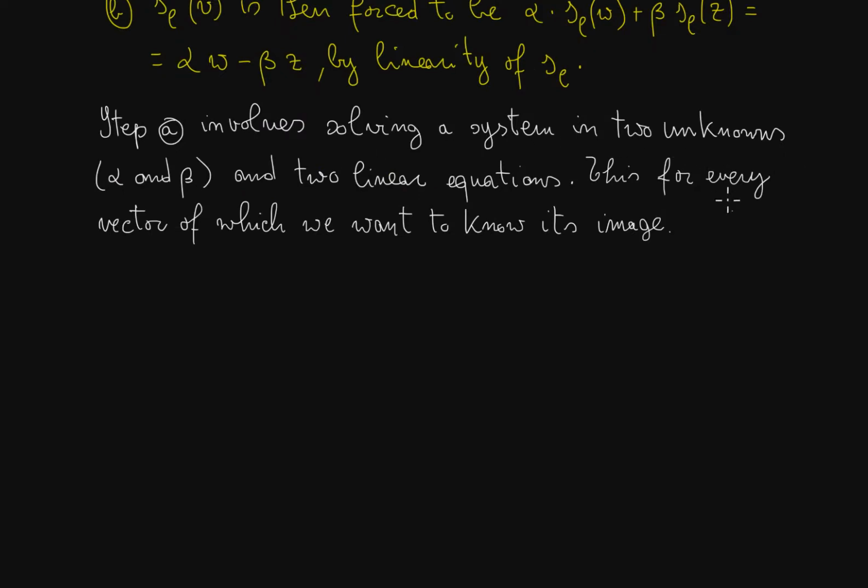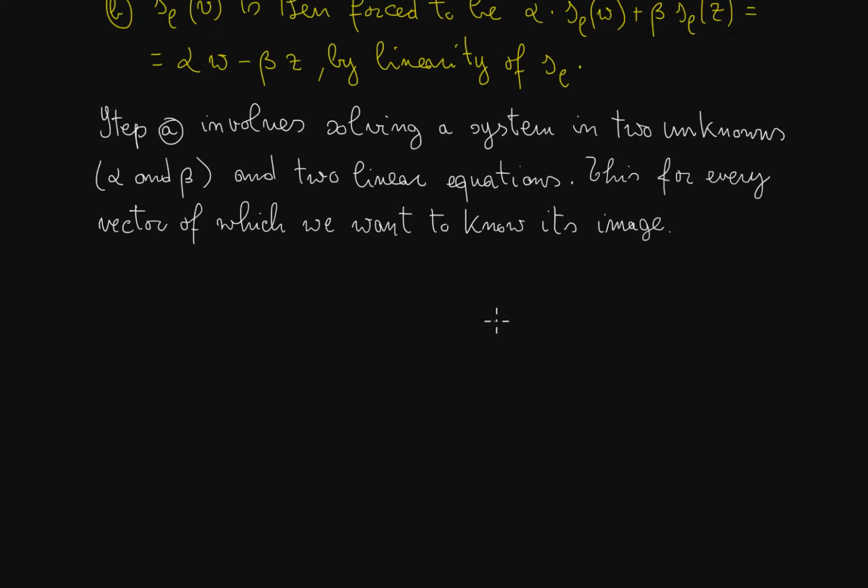So as I anticipated in the previous lecture, expressing a map by setting the image of some basis involves a longer procedure for finding images of any other vector in the domain than having it expressed in coordinates.